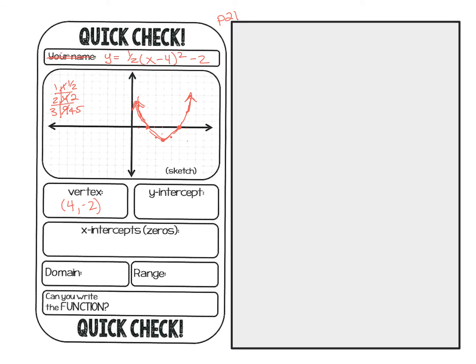So my y-intercept. Well, my y-intercept occurs when my x-coordinate is 0. So in this problem, y equals 1/2 (0 minus 4) squared minus 2. Now doing PEMDAS, my parentheses first, I would have a negative 4 in my parentheses.